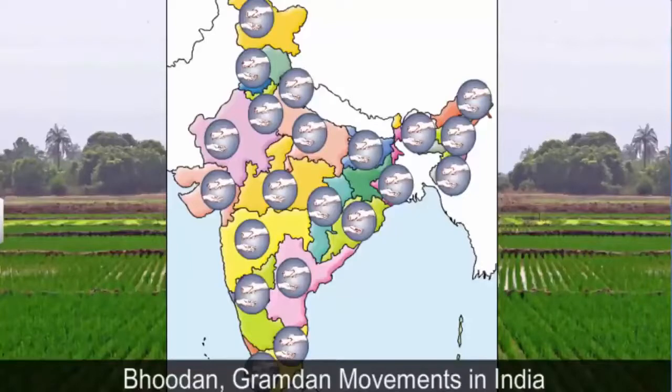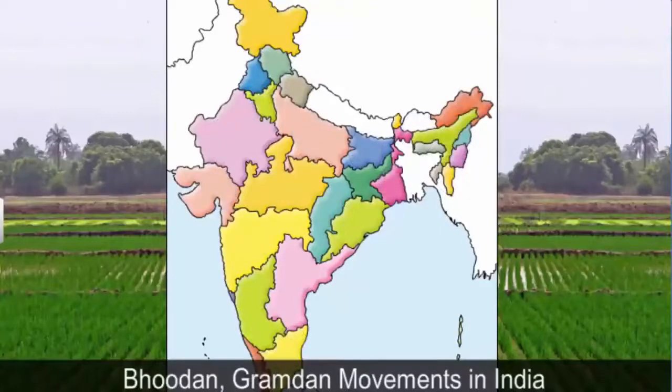Vinoba Bhave carried this idea all over India, and many landlords participated in Bhudan. Some big landlords gave away entire villages to the landless, initiating the Gram Dan movement.